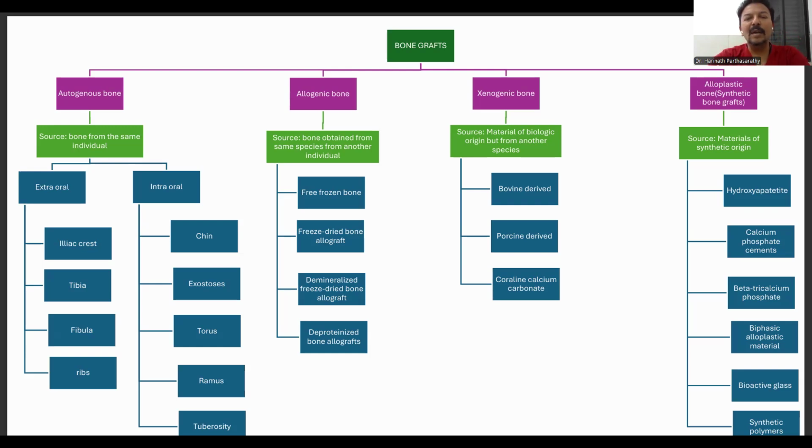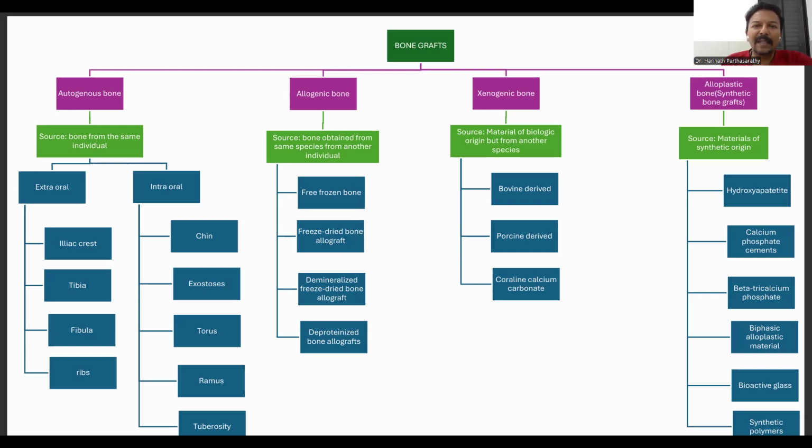Allogenic bones are bone grafts which are sourced from a different individual but the same species, which means dead donors. Their bones are harvested and undergo rigorous processing where any possible infections are eliminated.